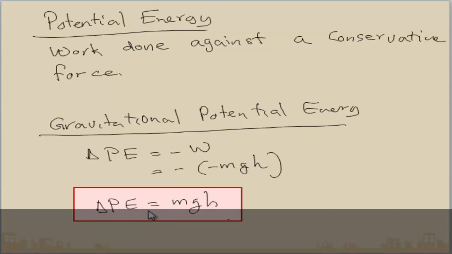Normally we represent the potential energy as a change, but the convention is we use the potential energy at the ground level as 0. So we measure everything relative to the ground level. Since ground level is 0, the change in potential energy sometimes equals the potential energy, because the initial potential energy is 0 at the ground level.